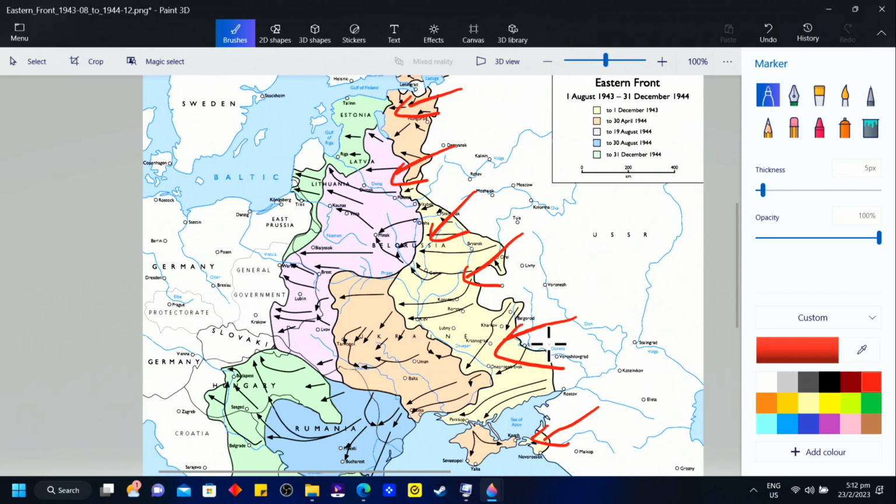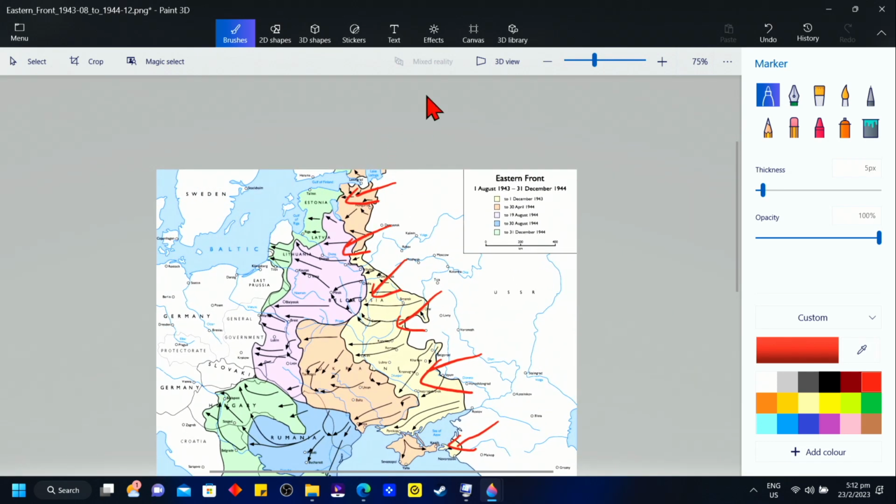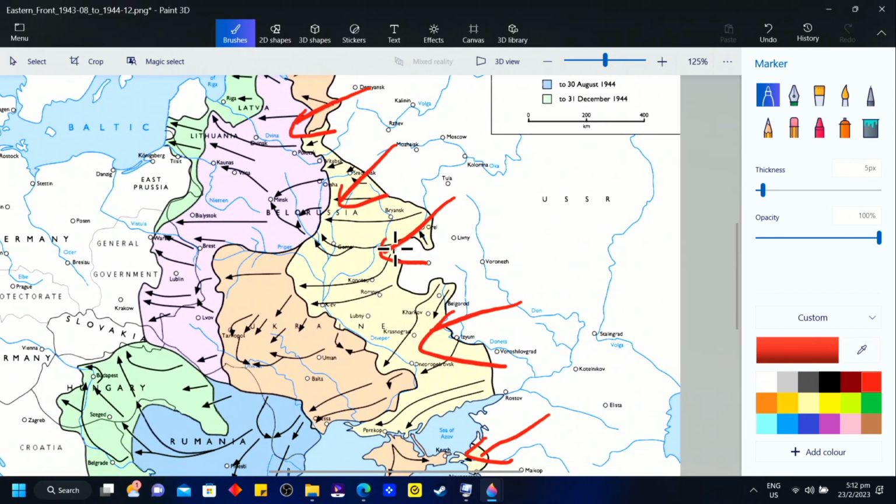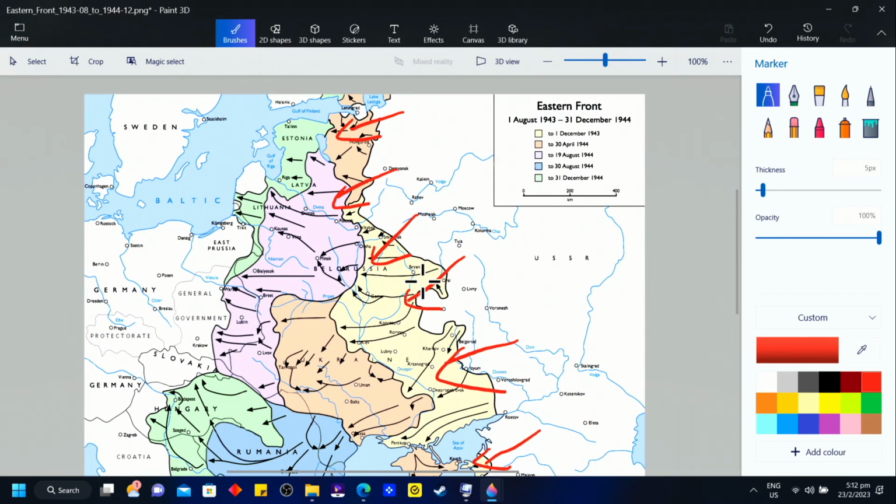Only the Northwest Front was on the sideline. I believe the Northwest Front referred to the one against Finland. I'm not sure, I have to double check. Yeah, okay. So the Northwest Front was fighting against Finland. That's what I can say.